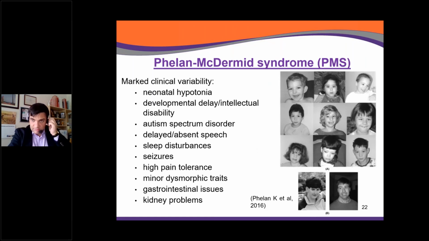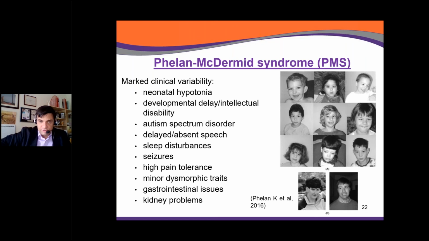And then we explored another condition associated with syndromic ASD, the Phelan-McDermid syndrome, or PMS. This is a condition characterized by very marked clinical variability. We have some features that are shared with ACTB2-associated syndrome, like neonatal hypotonia, developmental delay, and especially delayed or absent speech.